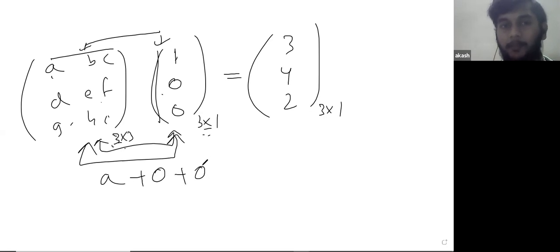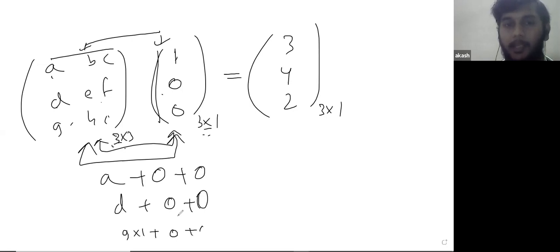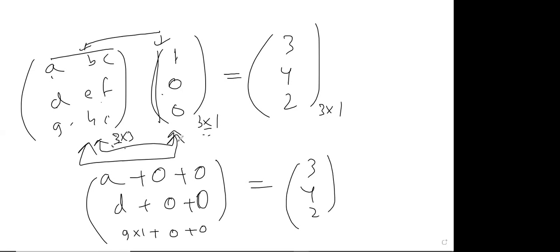This is the first element. The second element would be D into 1 plus E into 0 plus F into 0. The third element would be G into 1 plus H into 0 plus I into 0. Right? Yes. Okay.